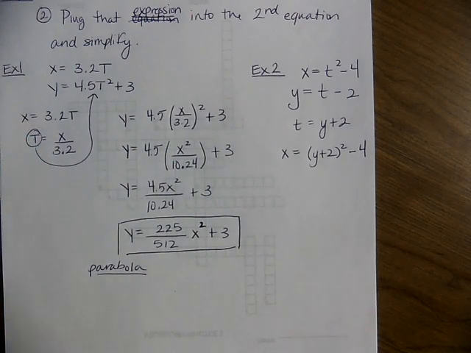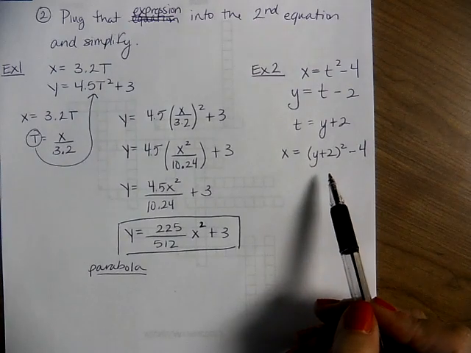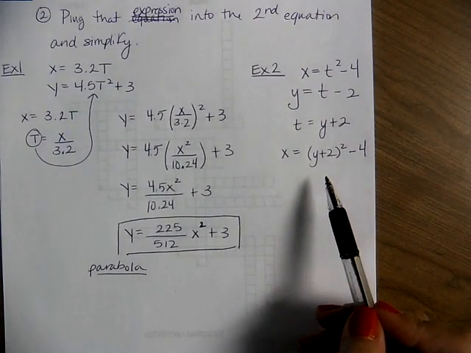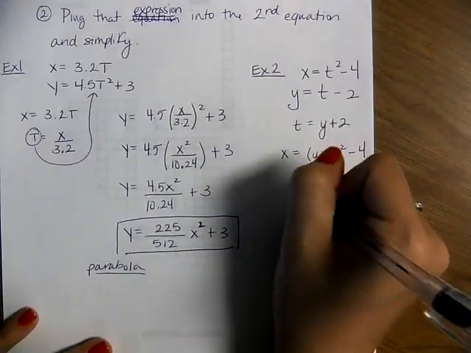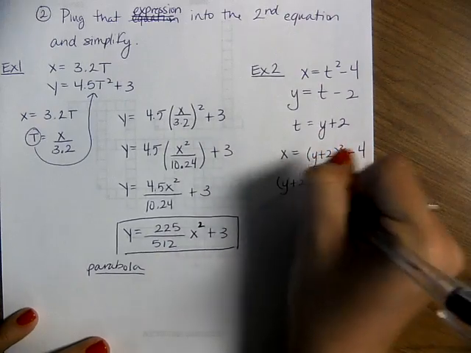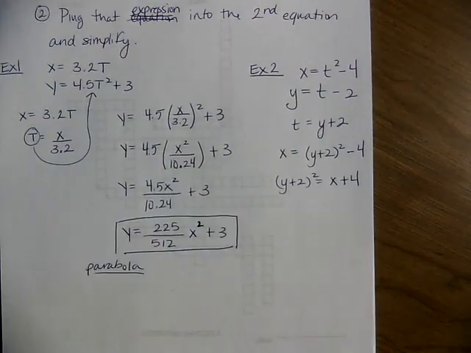Now, I feel like your instinct is telling you to distribute or FOIL this out. Anybody wanting to do that? Yeah, it's natural, right? It's what we do in math. But here, what if I wrote it like this instead? (y plus 2) squared equals x plus 4. Does that look familiar to you? Yes. What is this an equation of?